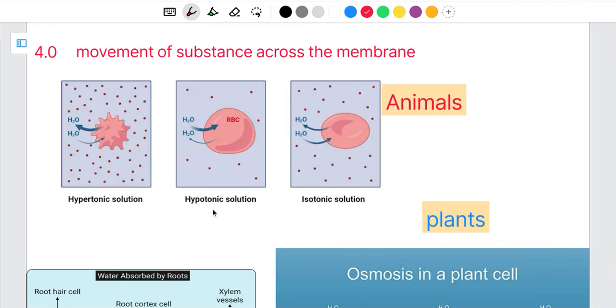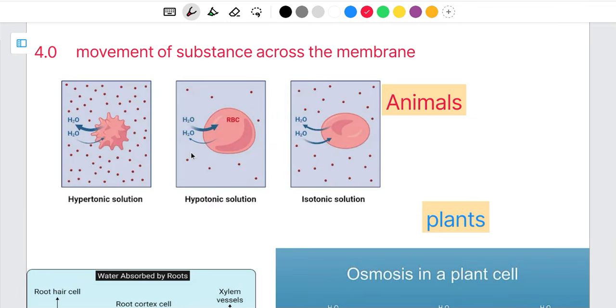Then when you place it in hypotonic solution, it is going to gain water by osmosis. So you have to explain the mechanism, not the way I'm explaining. You have to say, when a red blood cell is placed in hypotonic solution, it will gain water by osmosis, since the concentration inside the red blood cell is greater than the concentration outside the red blood cell.